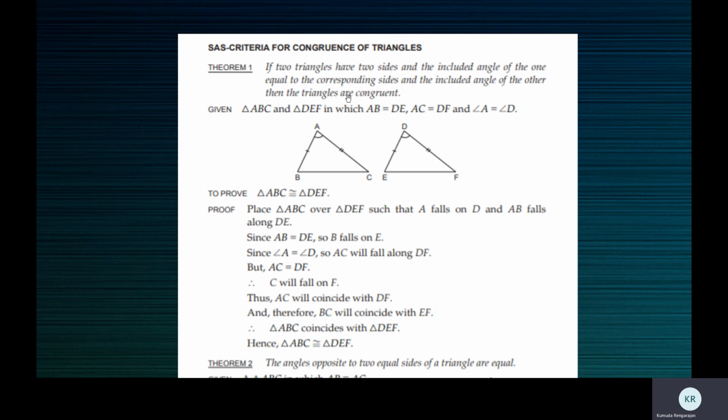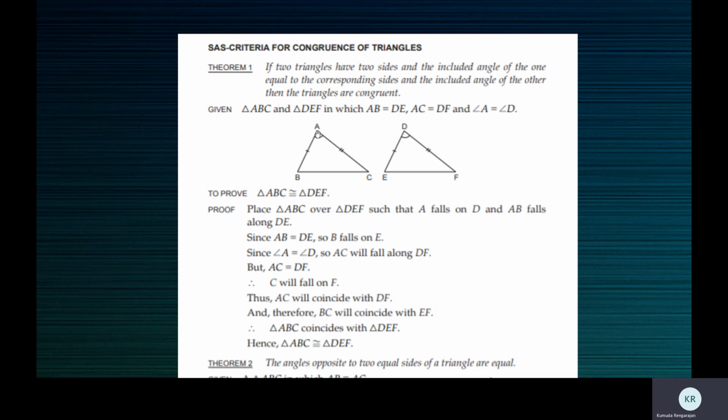So according to this statement, we have two triangles. We'll call them triangle ABC and triangle DEF. We have two triangles in which two pairs of corresponding sides are equal.